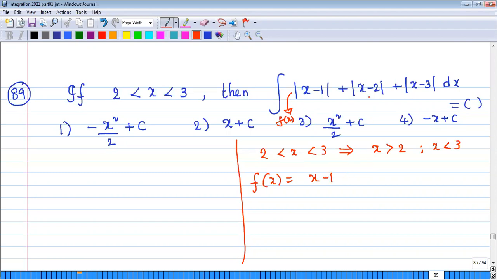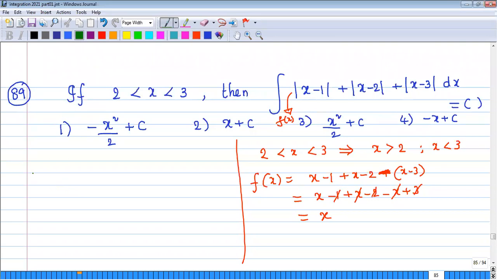Since x is greater than 2, mod of x minus 2 is x minus 2 only. Since x is less than 3, this becomes minus x minus 3. So now f of x is x minus 1 plus x minus 2 minus x plus 3. Minus x plus x cancel, minus 2 minus 1, minus 3 plus 3 cancel. So you get x, the identity function.